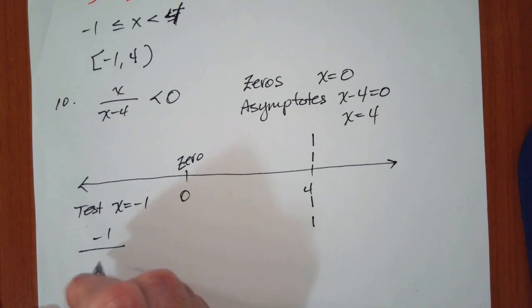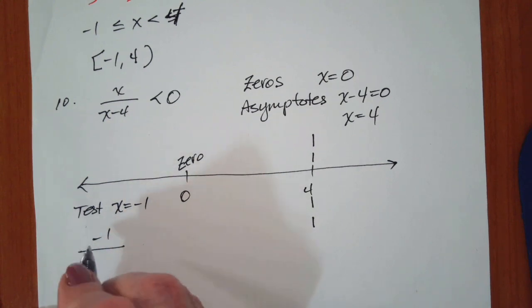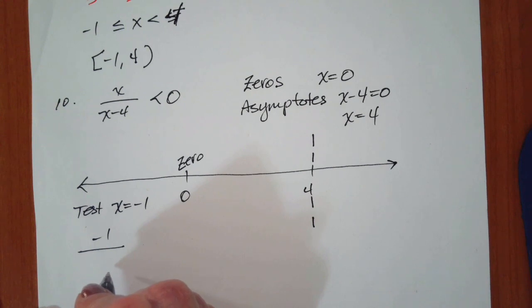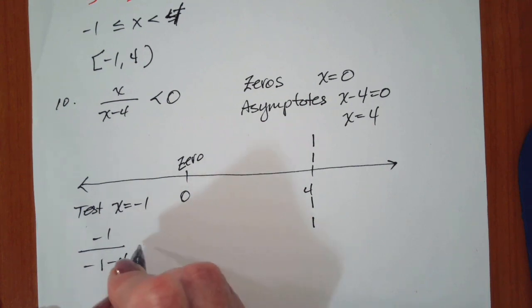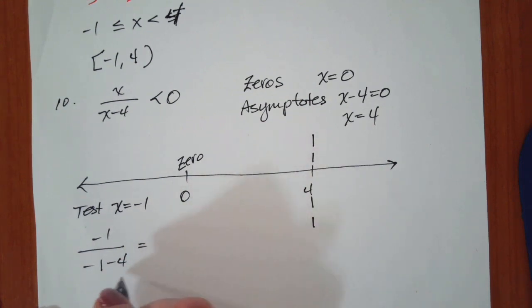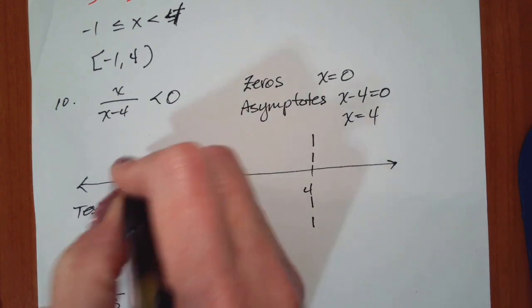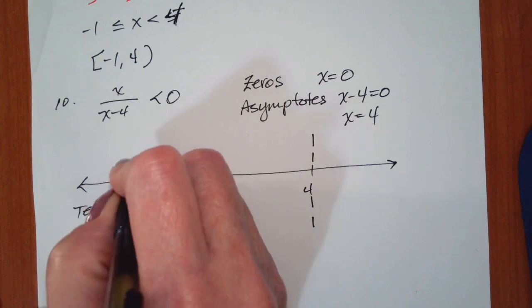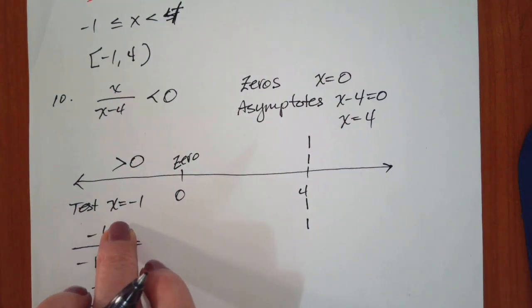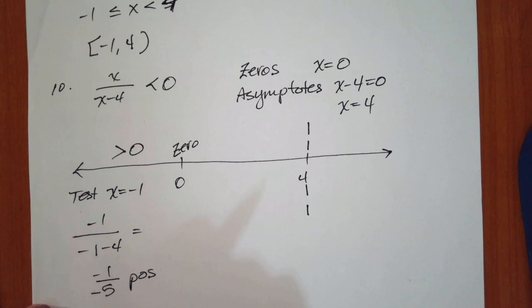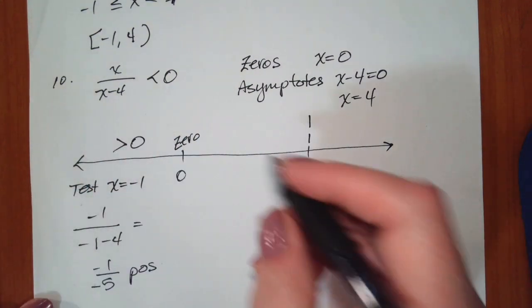So negative 1 over negative 1 minus 4 gives me negative 1 over negative 5, which is positive. So this is going to be greater than 0. If one test point over here is positive, everything is positive.